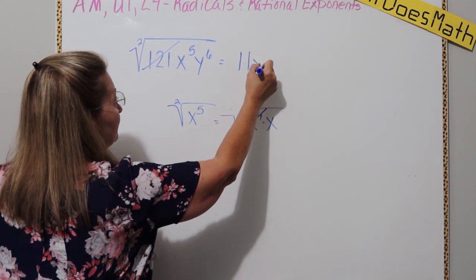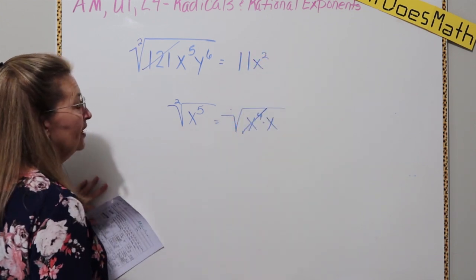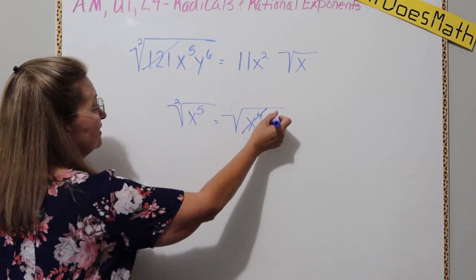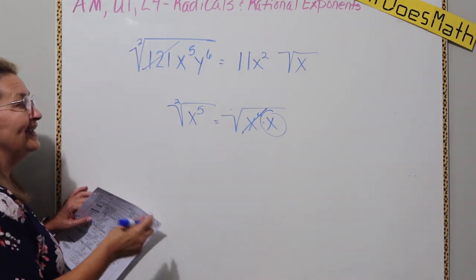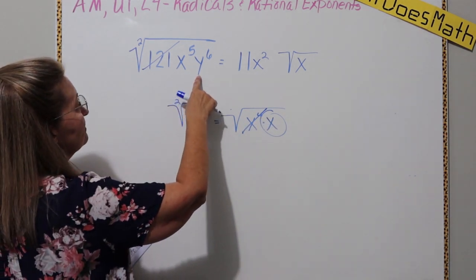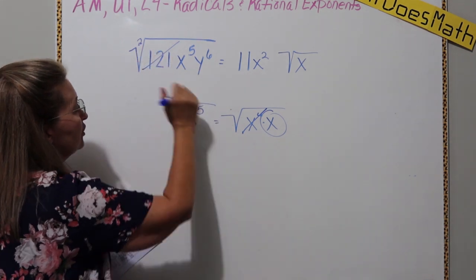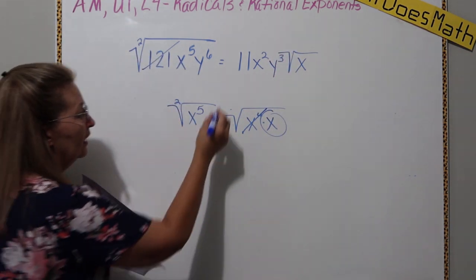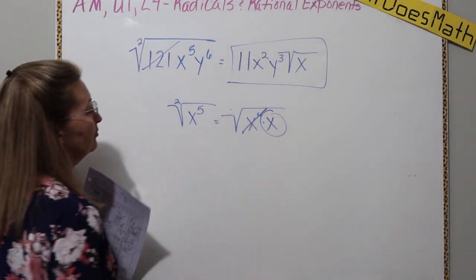Divide 4 divided by 2. So that gives you x squared. Now that x is going to remain under the radical sign. All right, y to the 6th, you've got a 6 over 2. So that would give you y to the 3rd. And this would be your simplified answer.